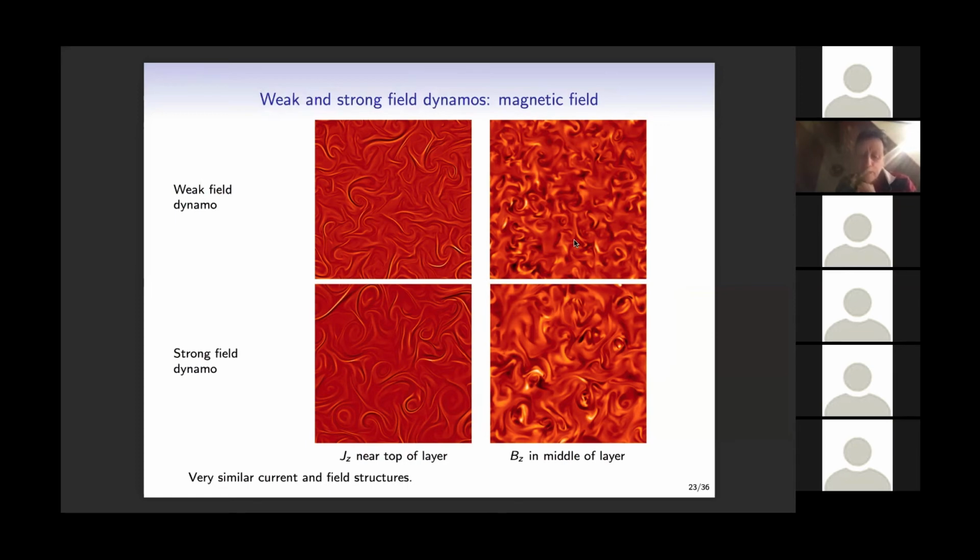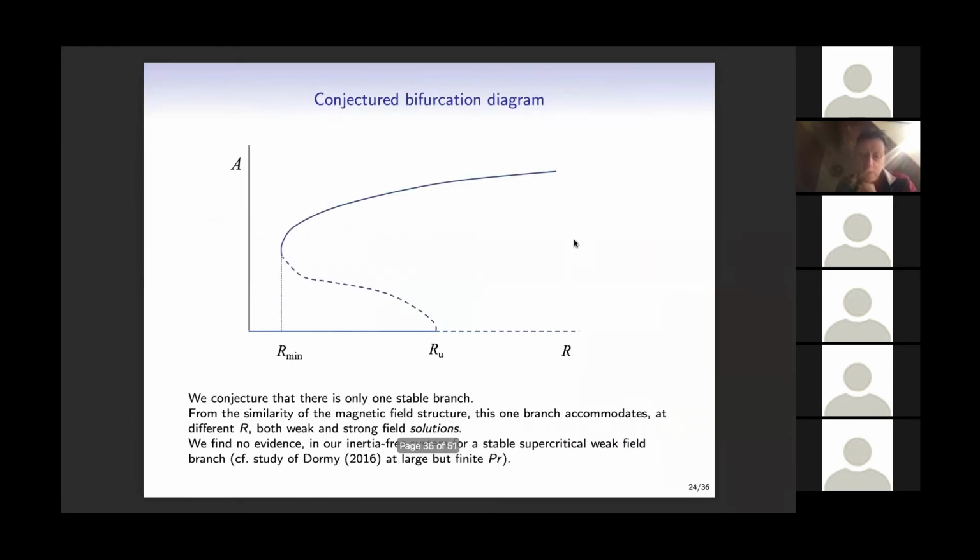And so our conjecture is that our bifurcation is like this, whereas what we call strong field solutions are here, and what we call weak field solutions, that's why I said we have to be careful about branches, are up here, because we see a continuous transition between weak field solutions and strong field solutions. We don't get this branch.